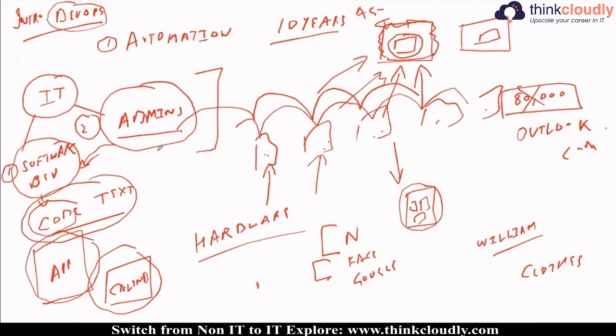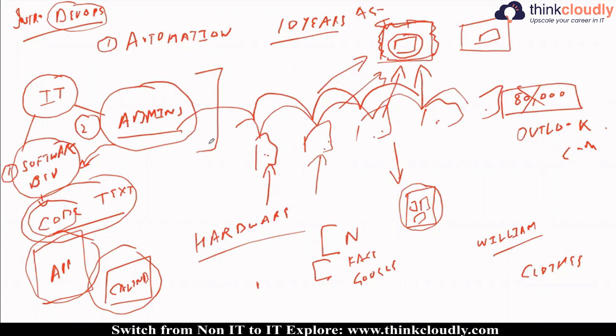So the primary roles of administrators are that they manage the servers, they manage the health of the servers, that all the servers are up and running. And second, they used to deploy the application one by one. Now you can imagine that it's a very big problem to deploy an application one by one on 80,000 servers.